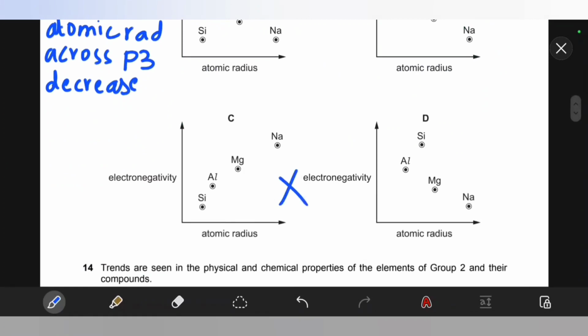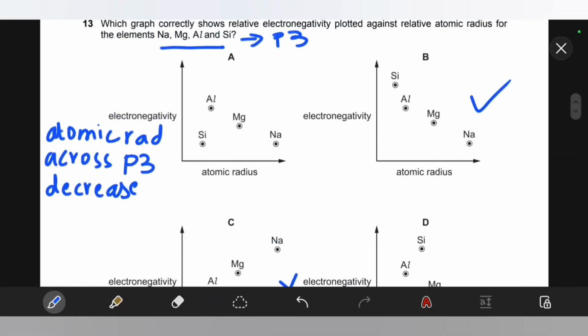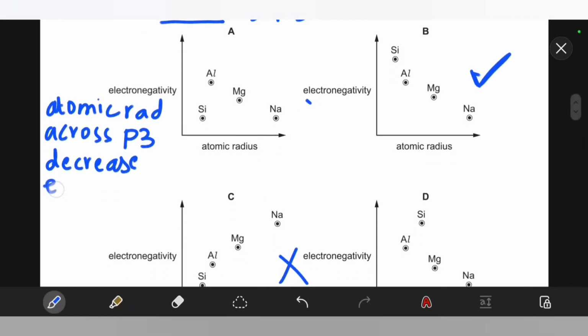This is wrong. The most correct manifestation is in this one. And the electronegativity trend is similar to ionization energy, since ionization energy increases across the period. Hence, electronegativity also increases across the period.